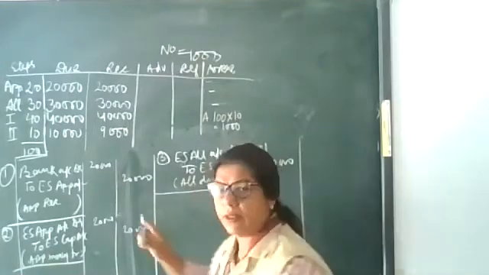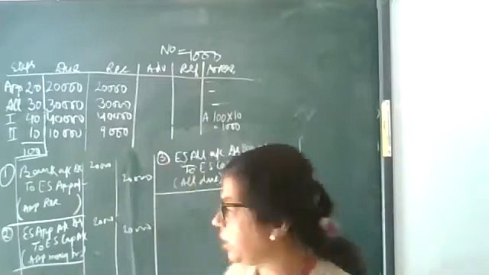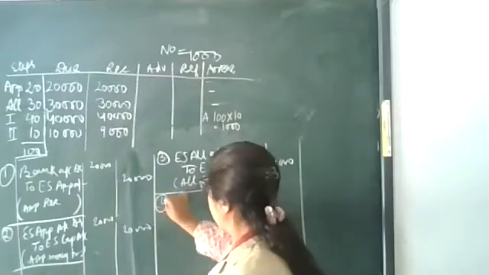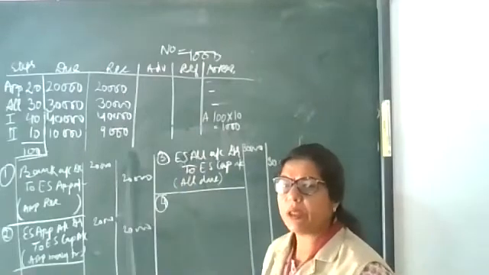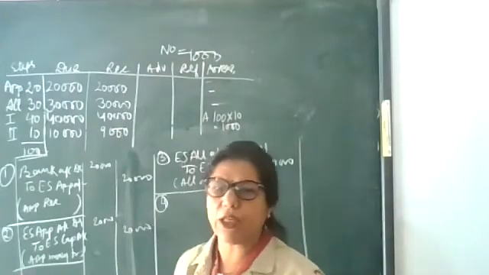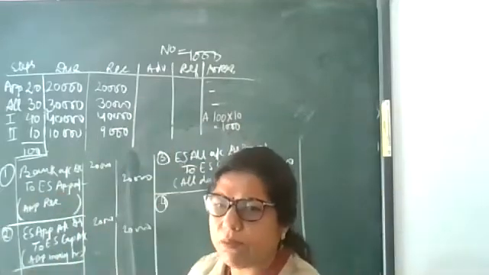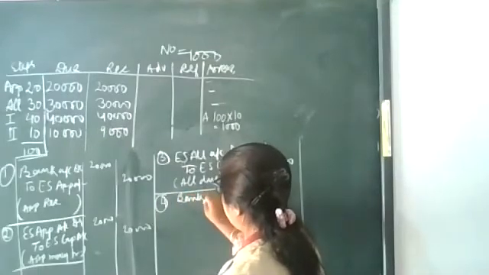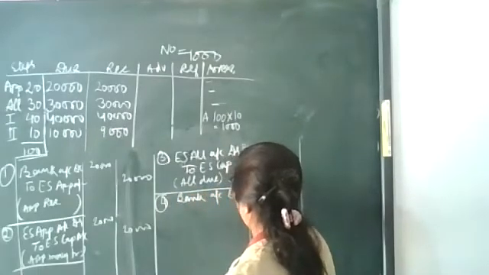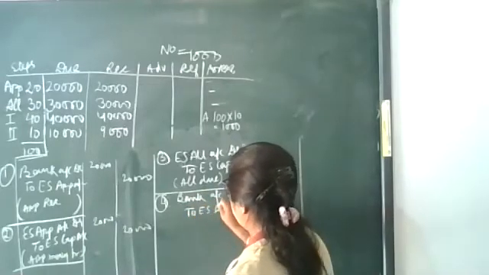Put the line here. You will do the general entry in the format, continuation. Fourth entry. This allotment will be credited now because the company has the allotment due. Now the shareholders will send the money to the company. So the next entry is bank account debit to ES allotment account.